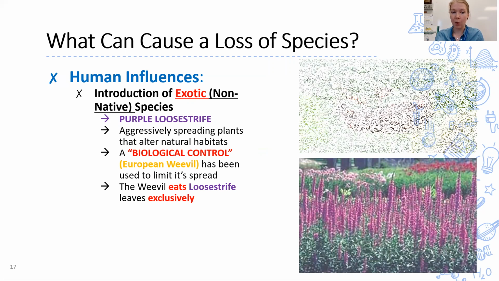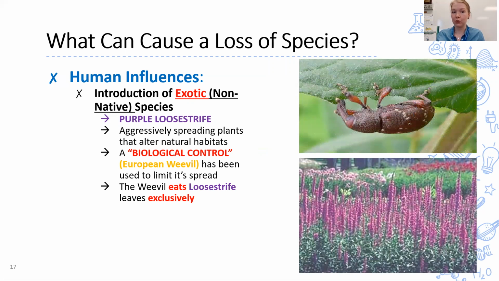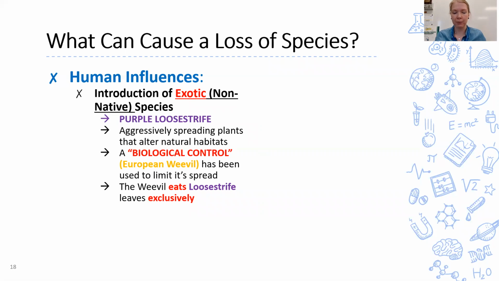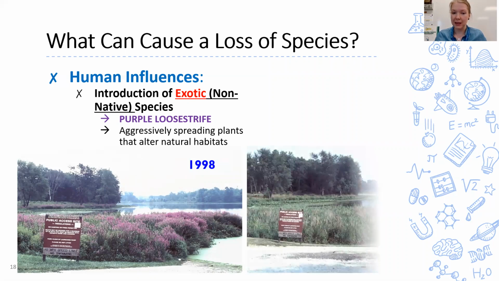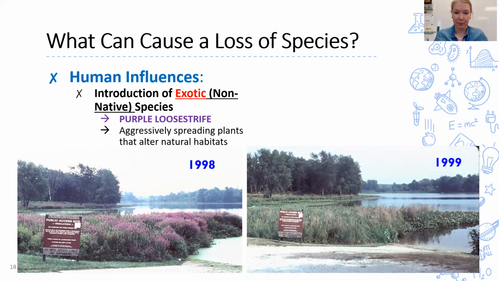And it only eats purple loosestrife. And so it protected the other vegetation, because the weevil didn't eat the other vegetation, only the loosestrife. And so by bringing in the weevil to eat the purple loosestrife, it helped the native species regain their natural habitat.